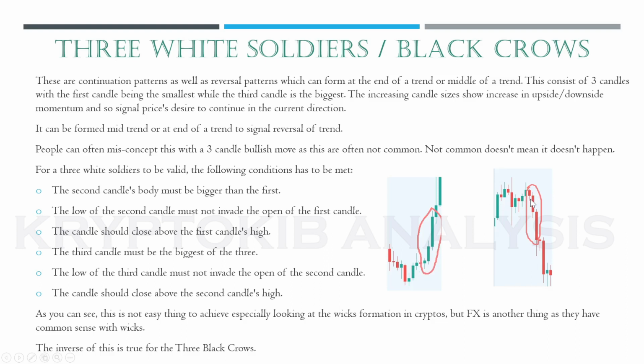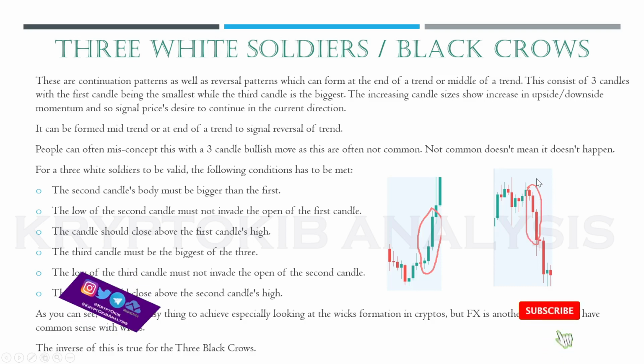So looking at the three black crows, it is the same thing but a different name, because one is bullish, one is bearish. So we have the highs here, we have the open, we have the low. We have the candle body, which is okay, and the second candle's body is way bigger, right? The high of the candle did not invade the open of the first candle. Likewise, the third candle in the formation is bigger than both. The high did not invade the open of the second.